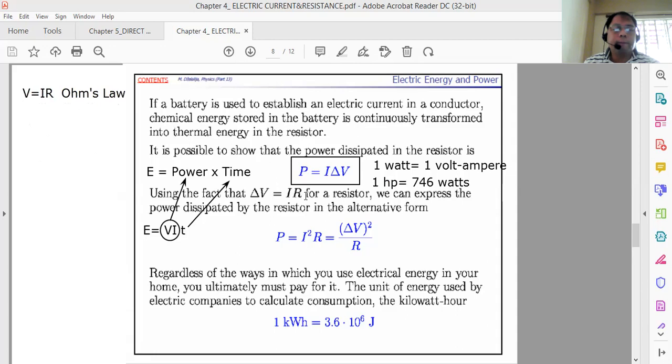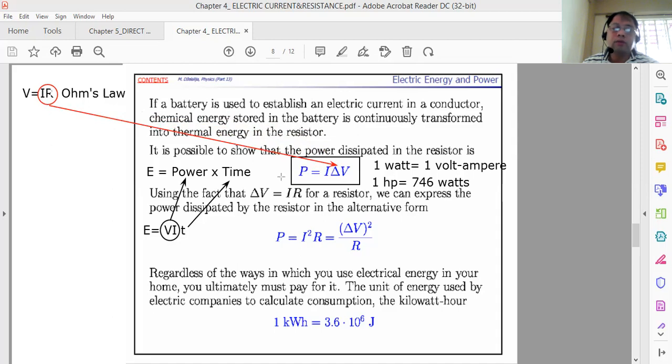Now, from our power expression, if we change our expression V again, which is equal to I times R, and bring this IR, substitute it now to this value of V over this side, you'll notice that that will become I times IR.